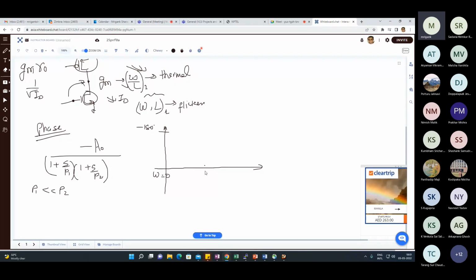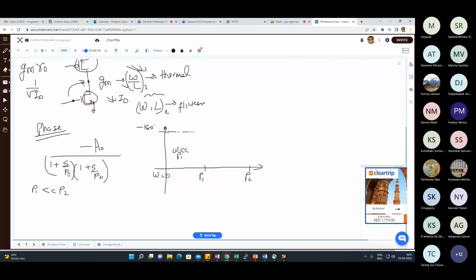So you have P1 first, and then P2 after that. Otherwise, if last time I had taken the reverse condition, it doesn't matter. You can understand with respect to P1, P2 what will happen. If your omega is much less than P1 as well as P2, you remain at minus 180 degree without any problem.